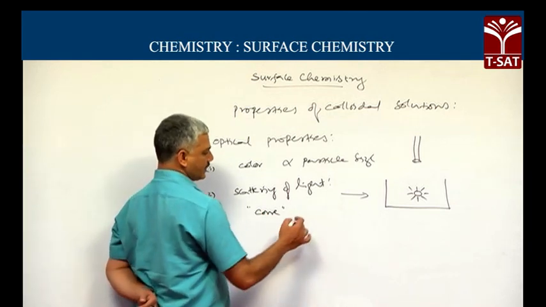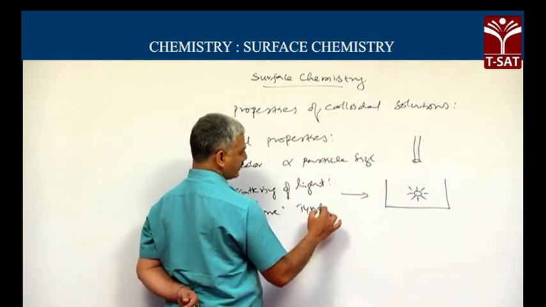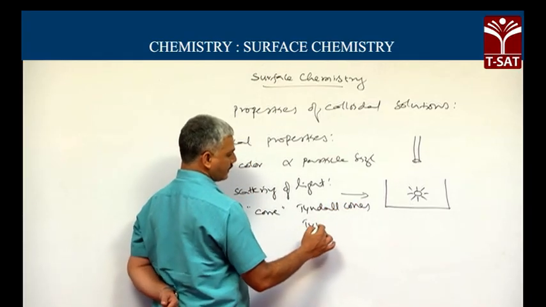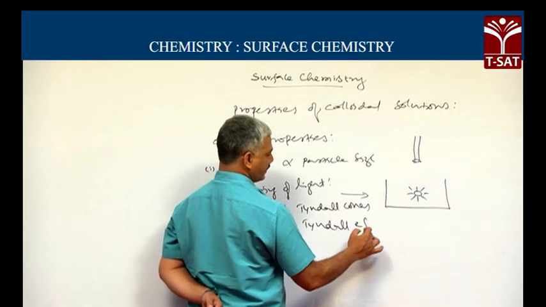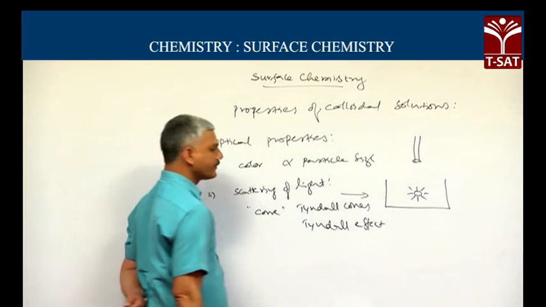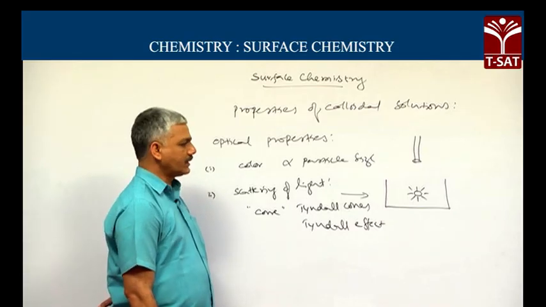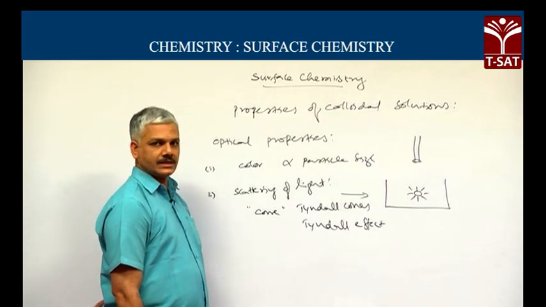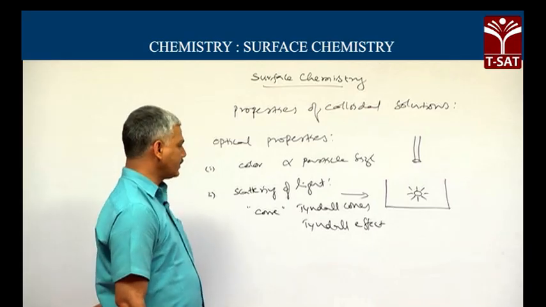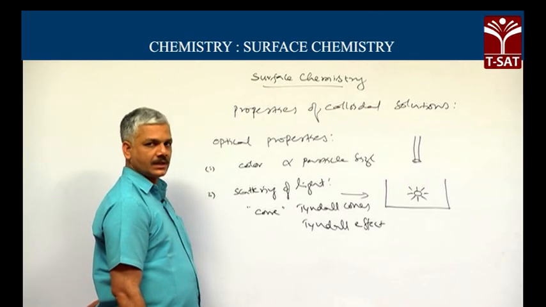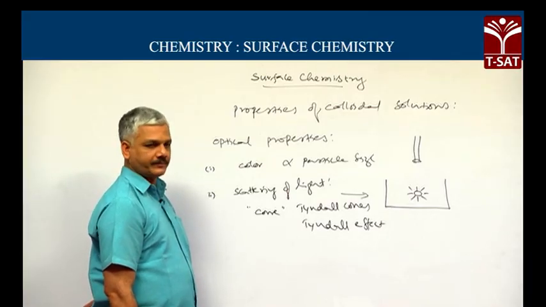These cones are called as Tyndall cones, and corresponding effect is called as Tyndall effect. The color of sky and color of water in oceans, seas and rivers is due to scattering of light by the dust particles present in them.